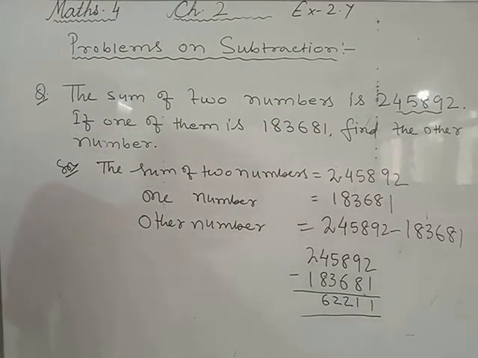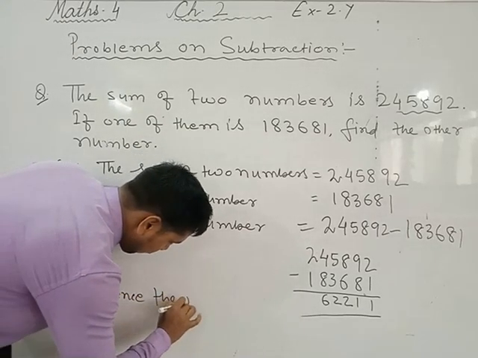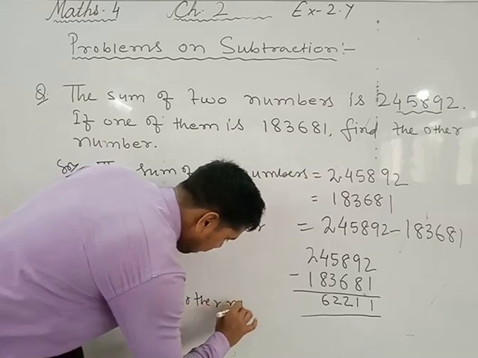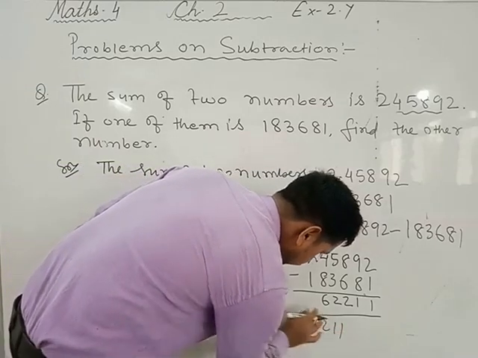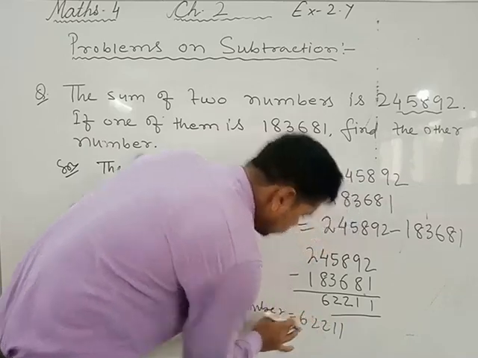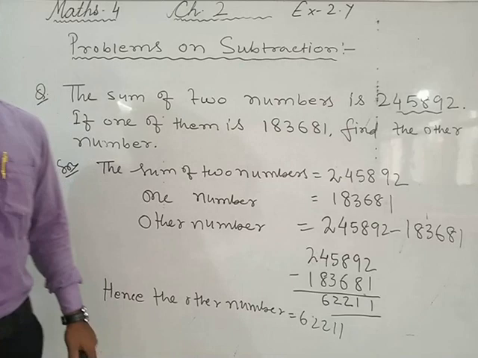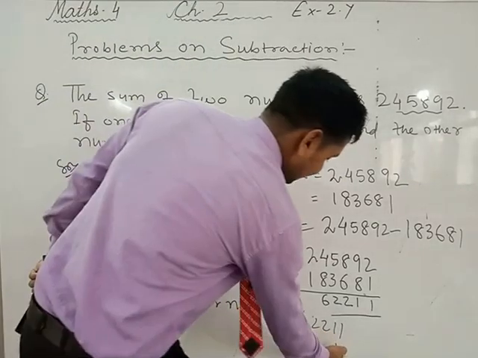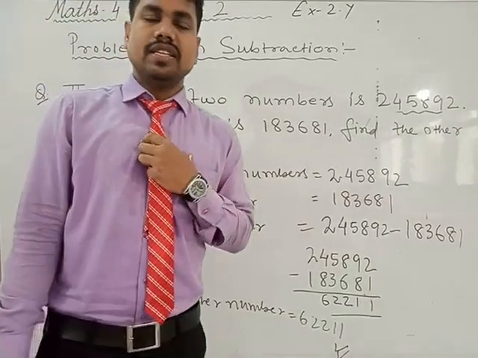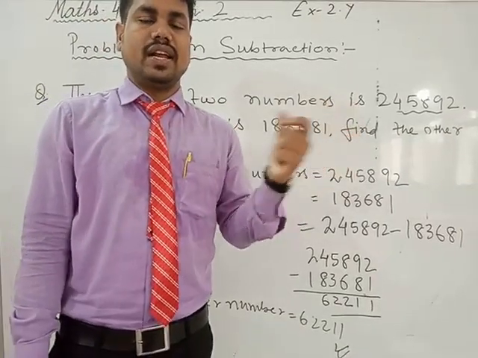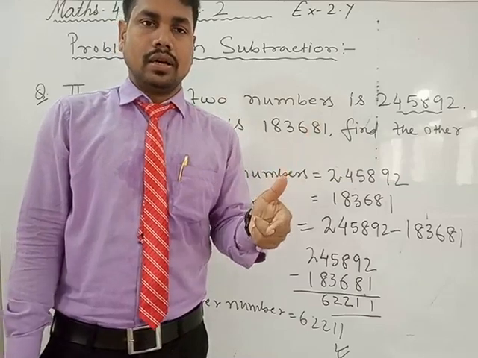Hence the other number is 62211. This is how you can solve this type of word problem if the sum of two numbers is given, and it is asking to find out the other number.